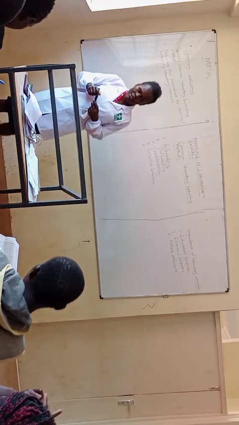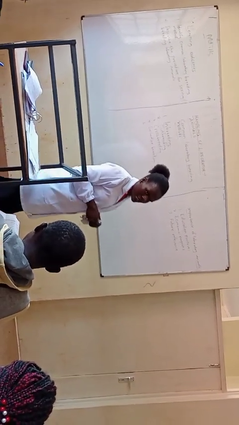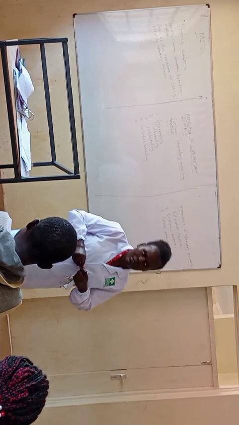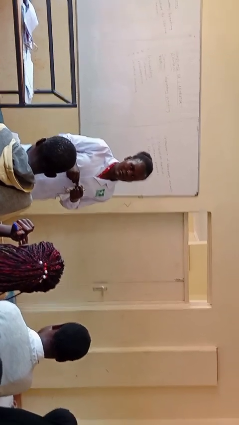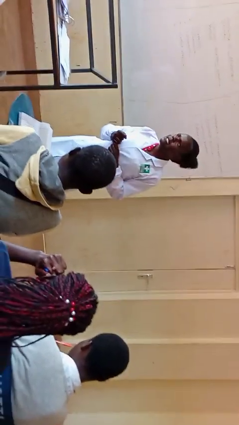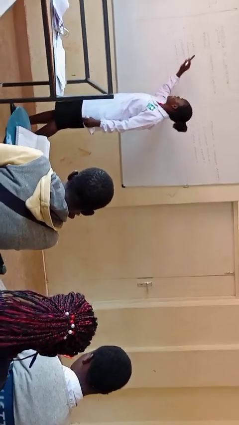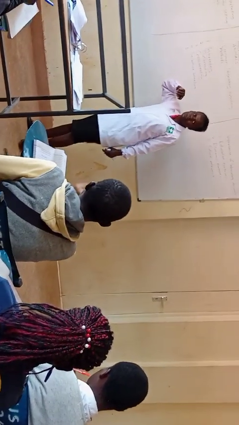The inbreeding method. What do you think is inbreeding method? What is an inbreeding method? Yes? Very good, Faith. Faith has just said that inbreeding is mating between closely related breeds.